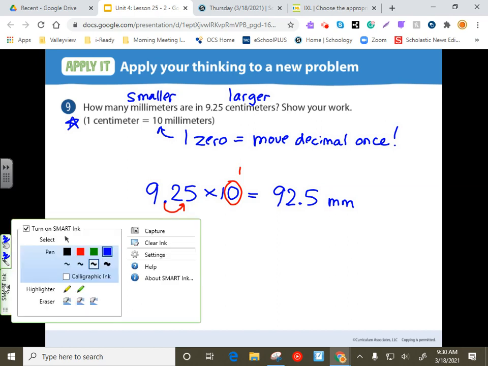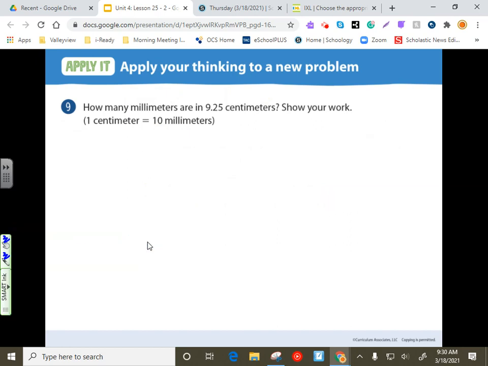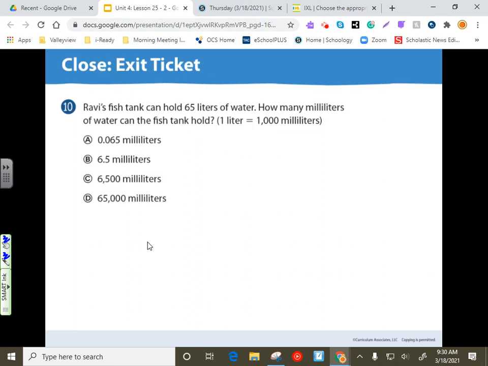And last one. Ravi's fish tank can hold 65 liters of water. How many milliliters of water can the fish tank hold? Liters are larger, milliliters are smaller, so we're going to multiply.